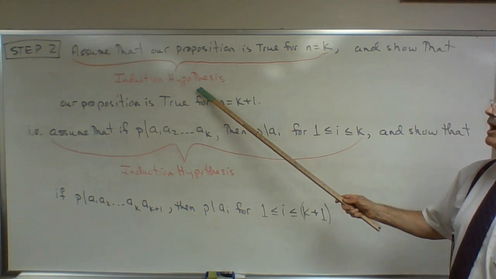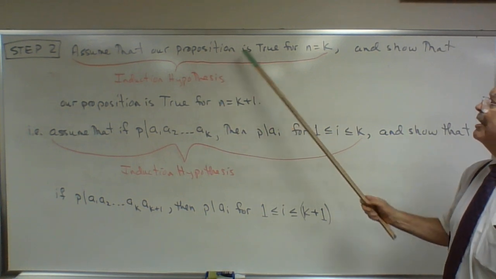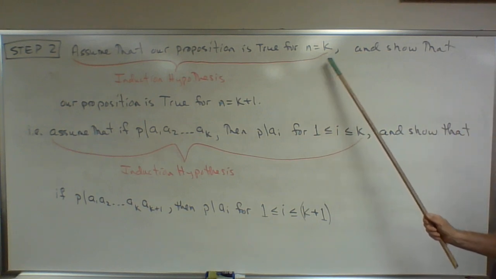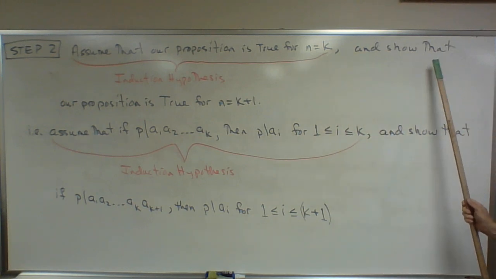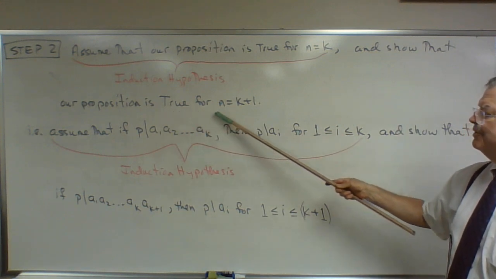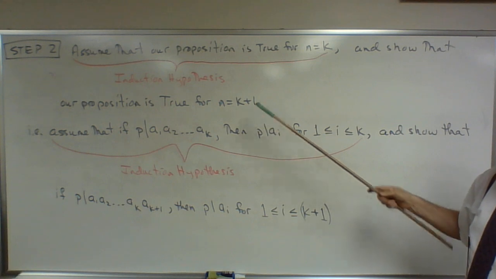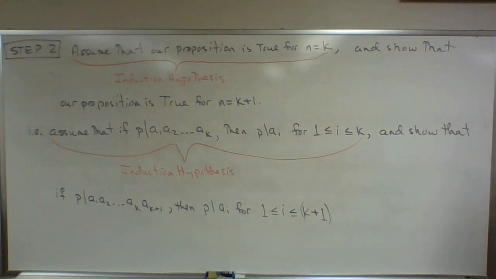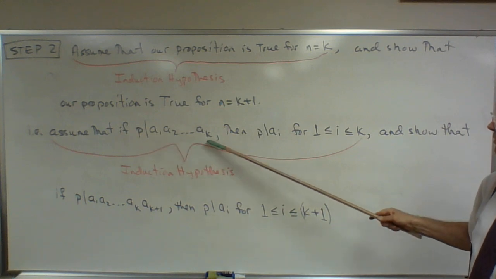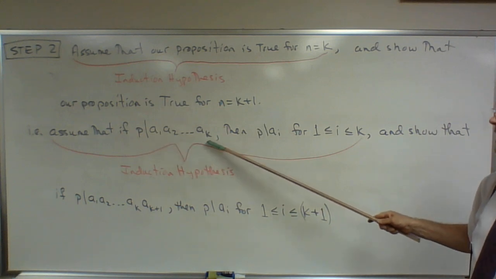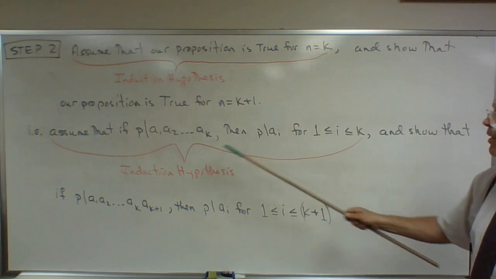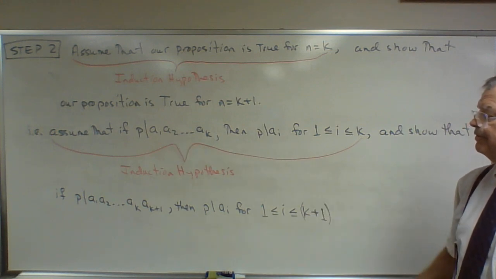Assume our induction hypothesis. Assume that our proposition is true for n equals some natural number k, and show that our proposition has to be true for n equal k plus 1. In other words, assume that if P divides the product of k integers, then P divides one of those integers.